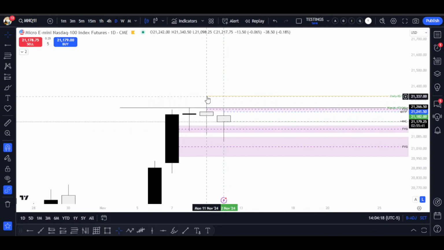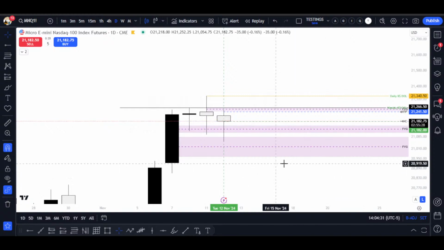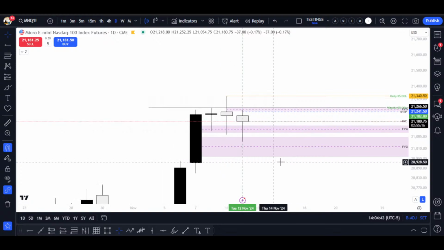So I'm expecting this daily draw on liquidity of $21,340.50 to be the algo target. It may or may not be hit today. I've shared that with you guys before. Typically, these daily algo targets will be hit, if not the current week, the following week.